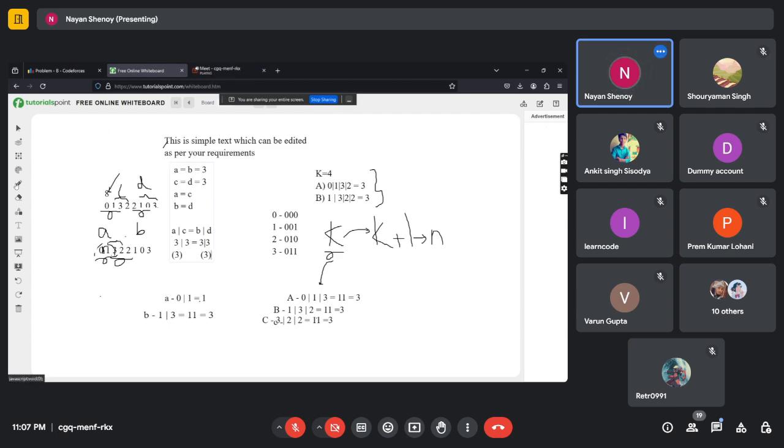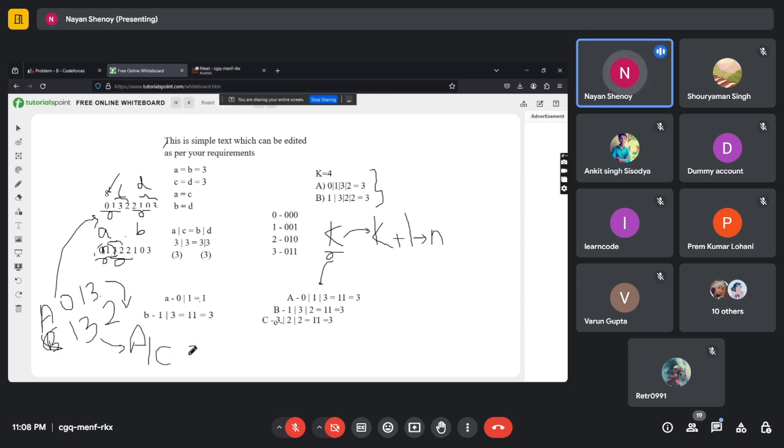So, what is A OR C? I'll explain once. Our A is 0, 1, and 3. And our B is 1, 3, and 2. Correct? So now if I'm taking OR of A and C, sorry, C as given here, I'm proving this. What will my A OR C be?